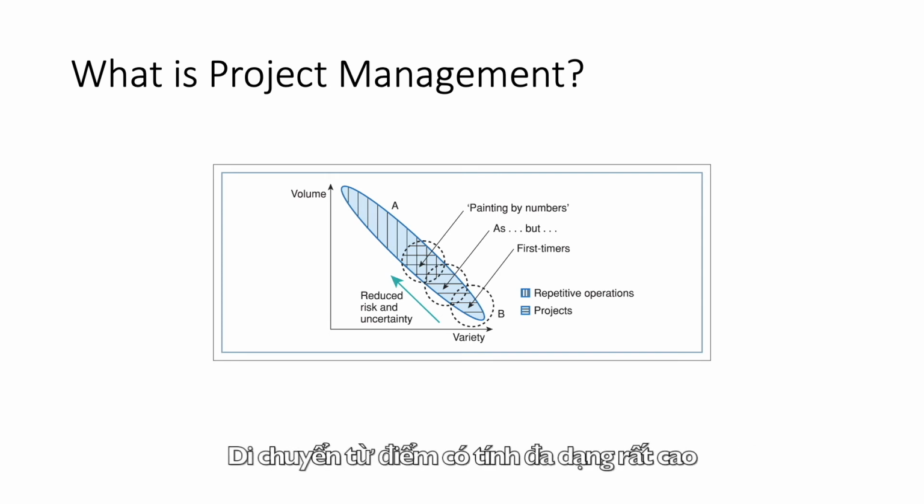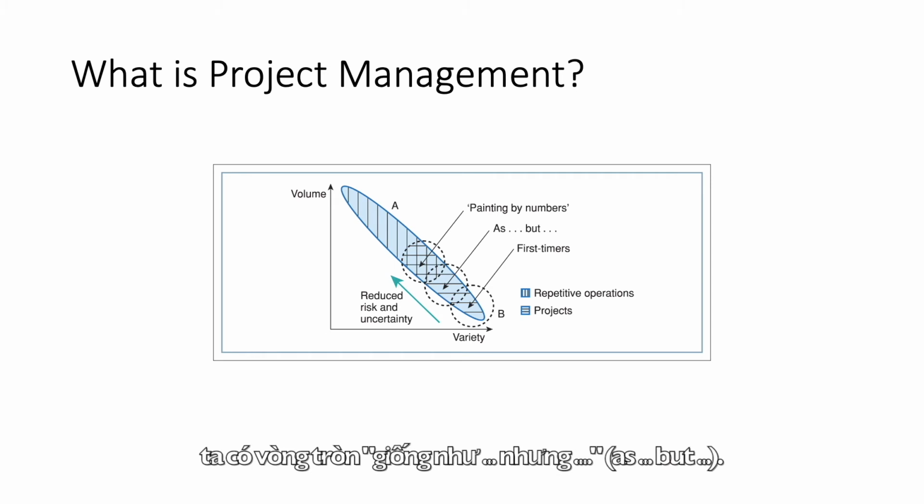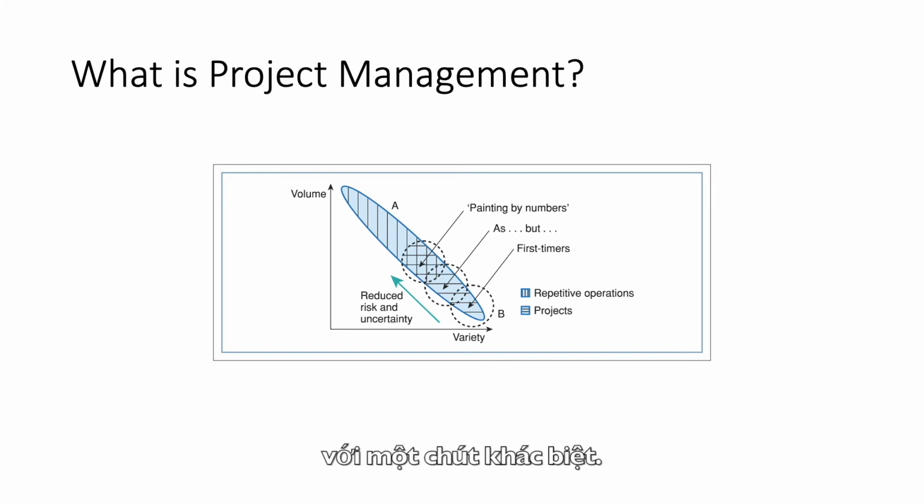As we go from super high variety, low volume to a little bit less variety, a little bit higher volume, we describe it as "as before, but." In other words, it's as what we did before, but it is quite different. Many projects fall into this little circle.